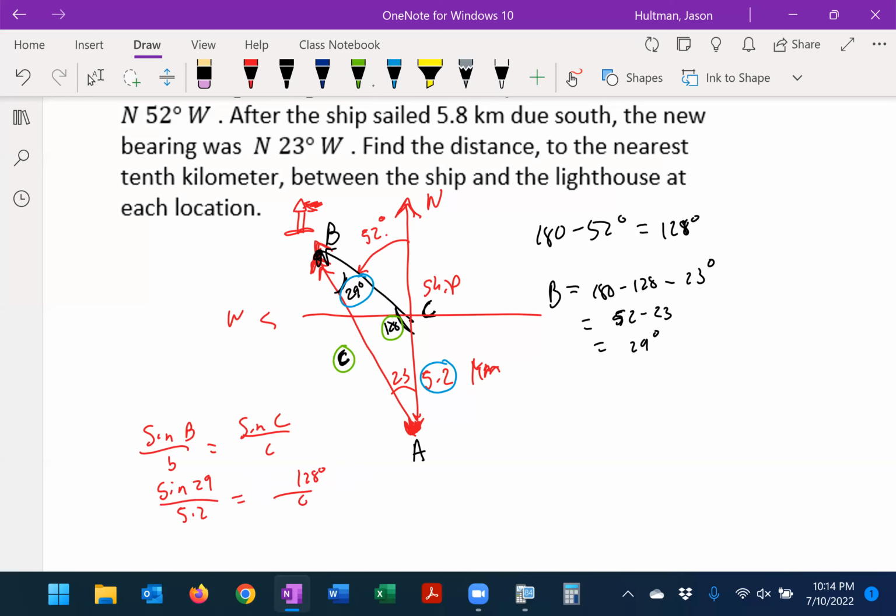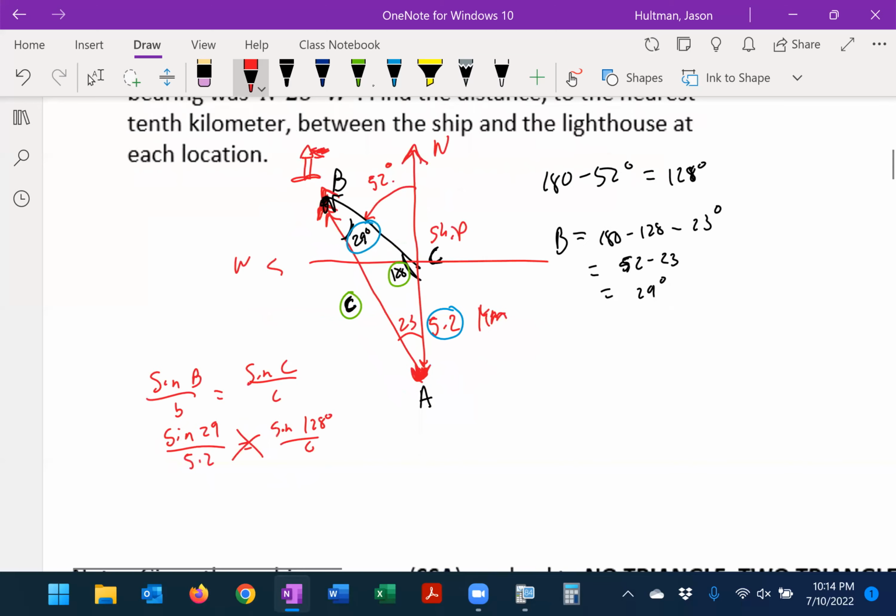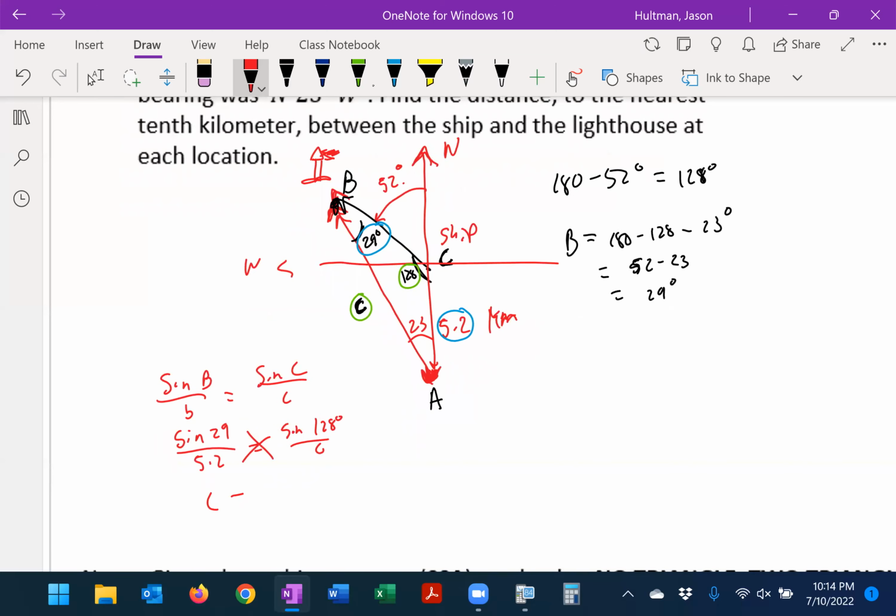Maybe I'll cross multiply. Sine of 128, so let's cross multiply. C times sine 29 is equal to 5.2 times the sine of 128.